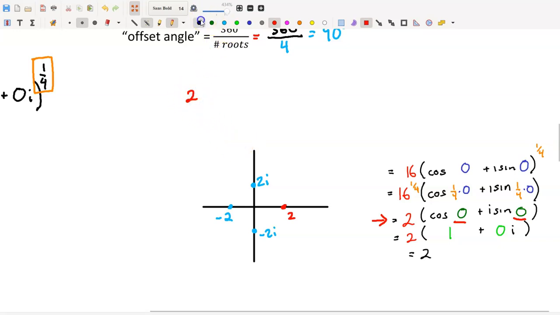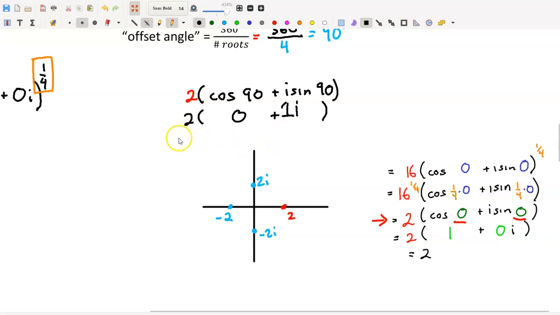So if I do this and say cosine 90 plus I sine 90, we'll have 0 plus I, or 1i, I guess. Yeah, 1i.